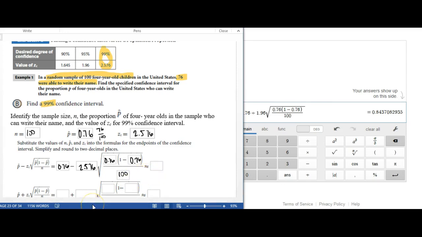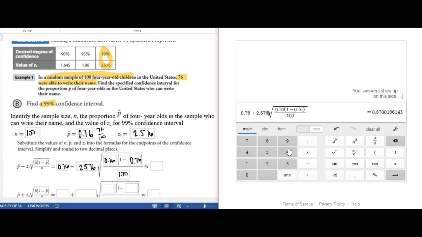In fact, I can actually use my Desmos calculator here, since a lot of those values are already plugged in. The only thing I'm going to change is my z-value to 2.576. And as you can see here for part B, I also forgot to change that to a minus, so let me go ahead and do that here first.